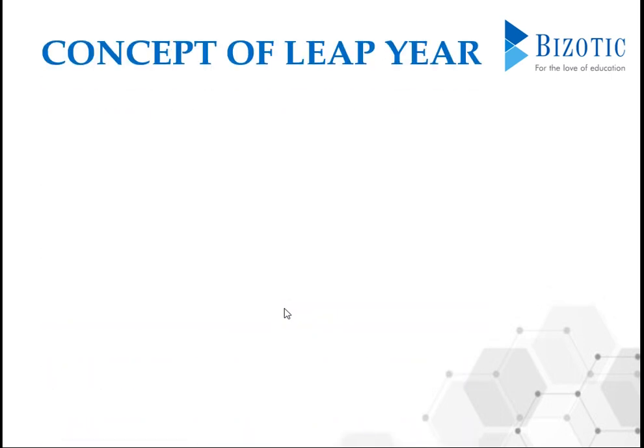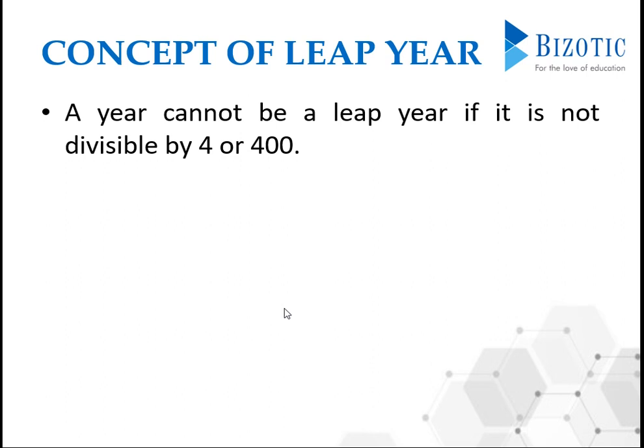And now let's move on to the next concept, the concept of leap year. You all know this. A year with an extra day gives you a leap year. So how do we find out at the application level? A year cannot be a leap year if it's not divisible by 4 or 400.